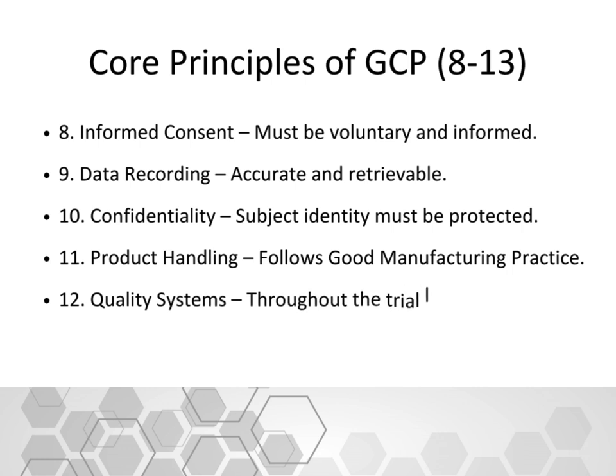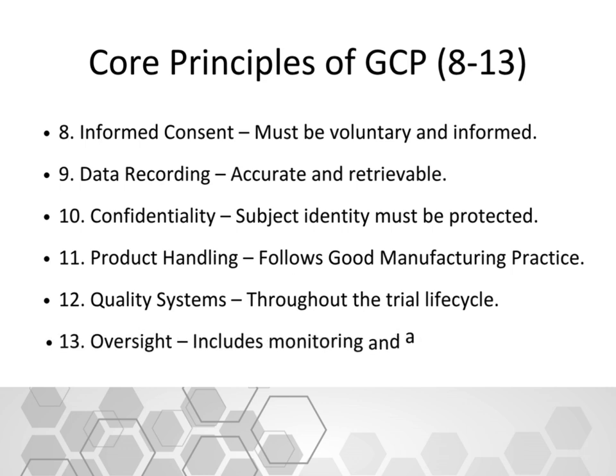Implement quality assurance and quality control systems at every phase of the trial to ensure the generation of reliable data and the protection of participants. 13. Responsibilities and oversight. Sponsors and investigators share the duty of ensuring trials are monitored, audited when needed, and inspected to confirm adherence to GCP and regulatory requirements.